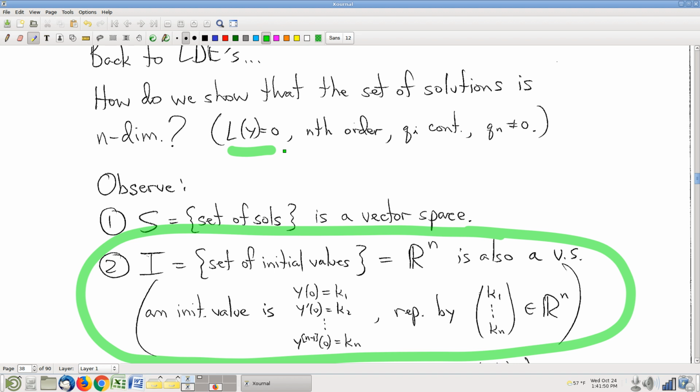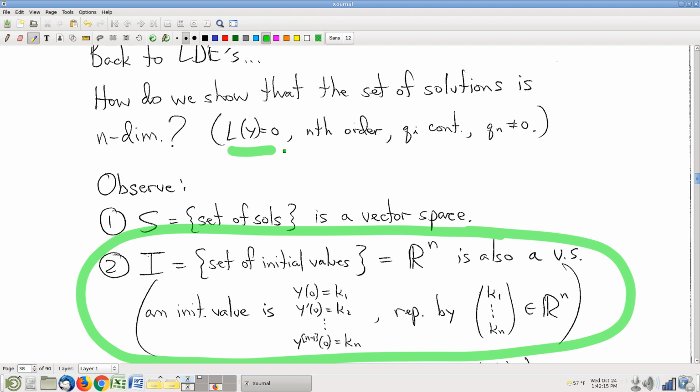If you think about it, the initial values are: what is y of 0, what is y prime of 0, etcetera. It's a collection of values and derivatives of the solution in question, in order. It's an n-tuple, right? It's an ordered list of n numbers. It's a vector in Rn, right?